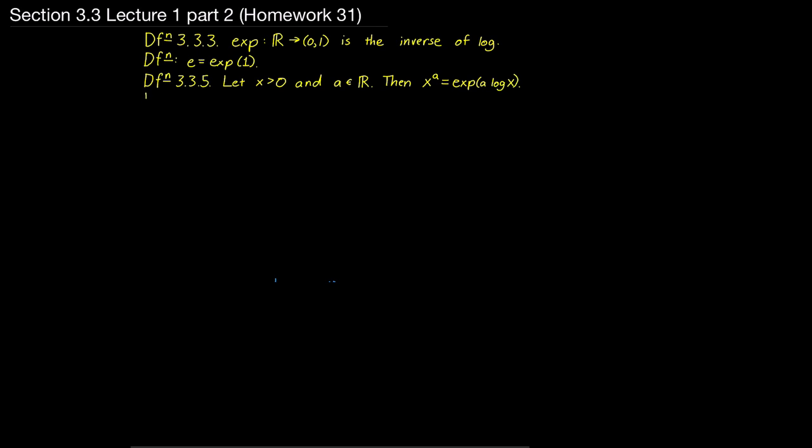And finally, logarithms to other bases. Let's let b be positive, b is not allowed to be equal to 1, and x is positive. Then the logarithm to the base b of x is defined to be the logarithm of x divided by the logarithm of b.